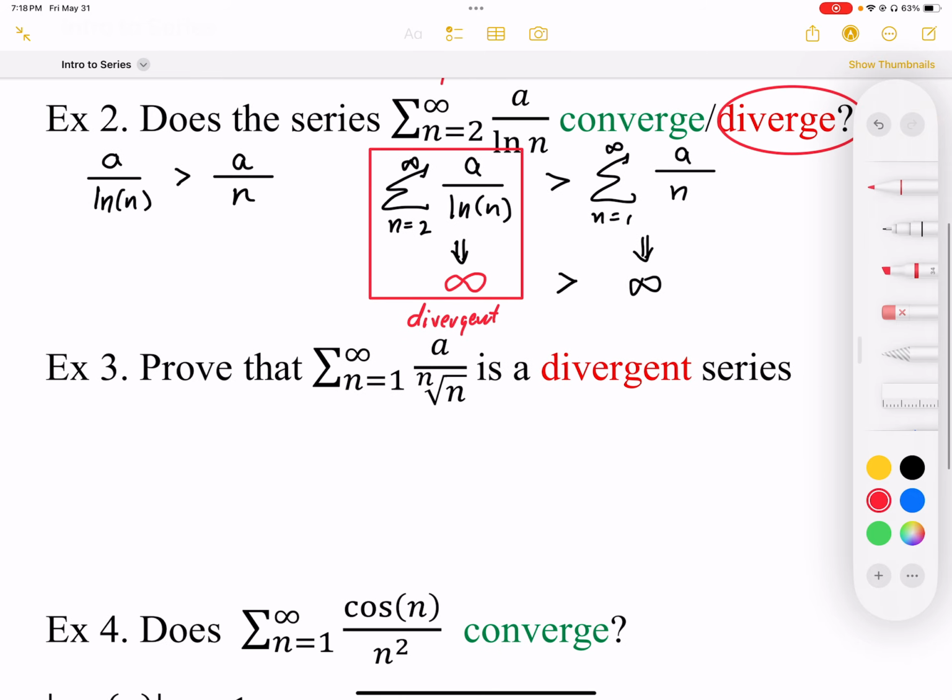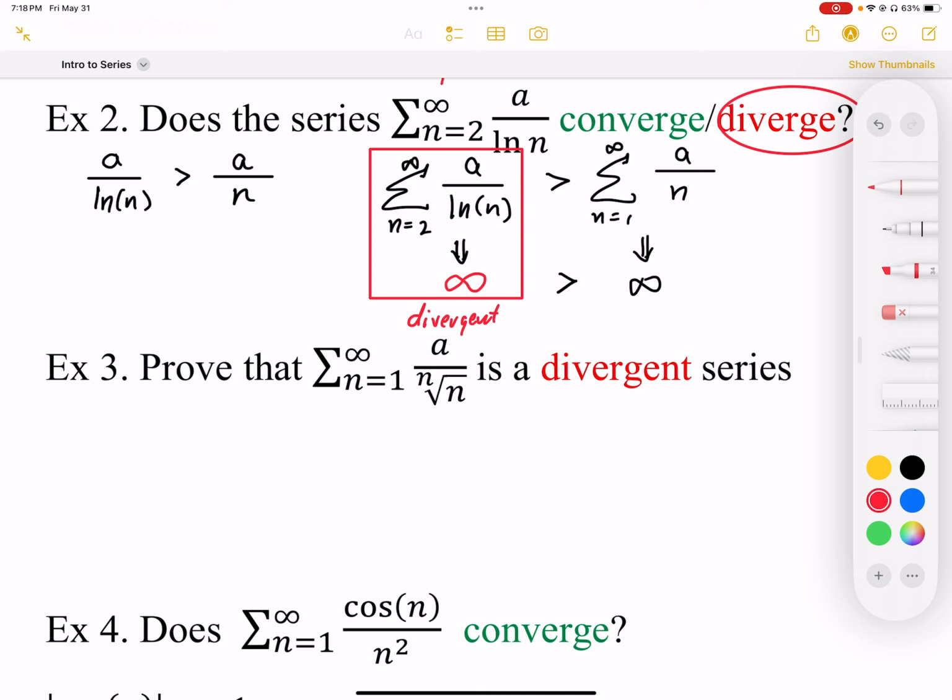For example 3, it's hard to tell because as that root gets bigger, we're going to get a bigger root. It looks like it's probably going to be divergent. In fact, it tells us it's divergent. So how can we show that that's a divergent series?